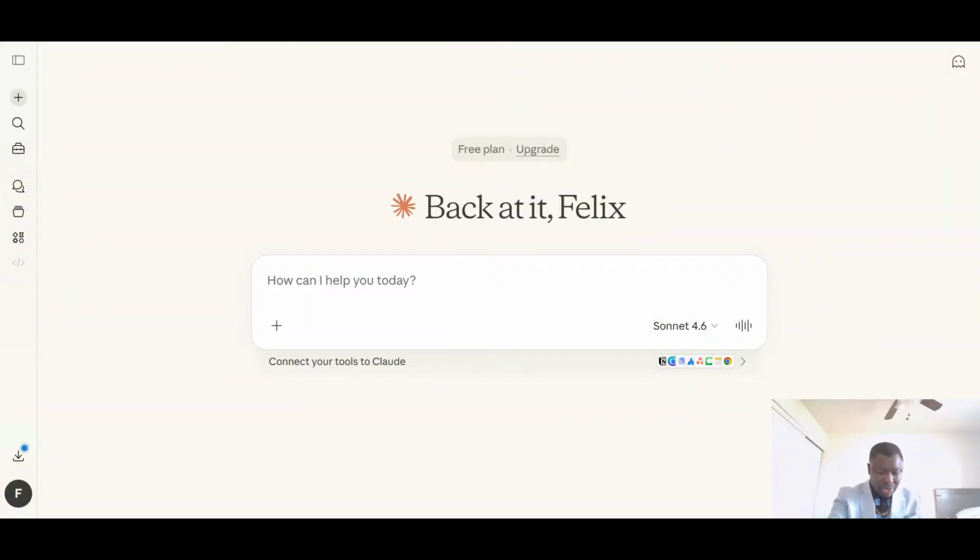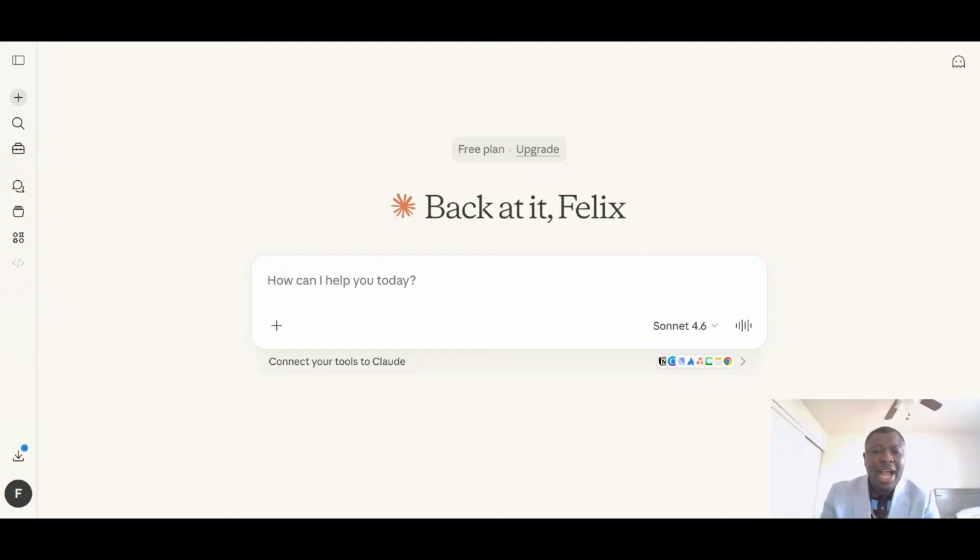Can you see my screen? Okay, you can see my screen, right? Okay, yes. Esther says yes.